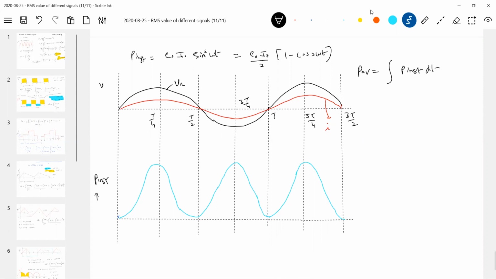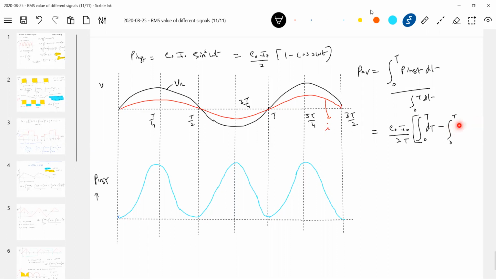P instantaneous dt from 0 to T, E naught I naught 2T cos 2 omega t dt.